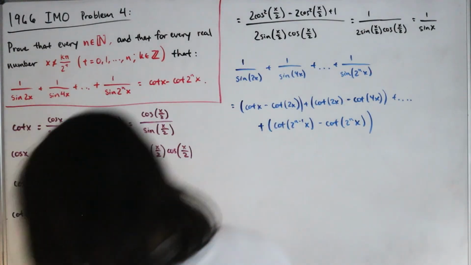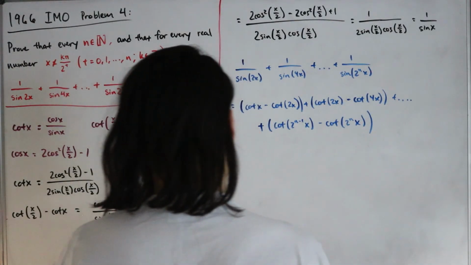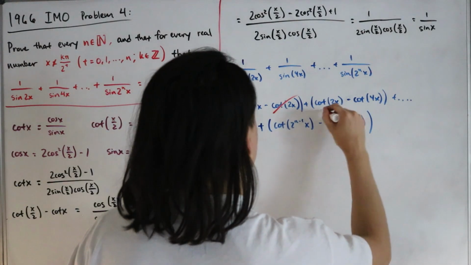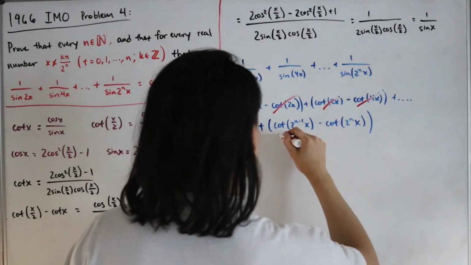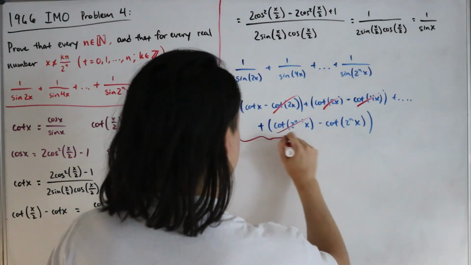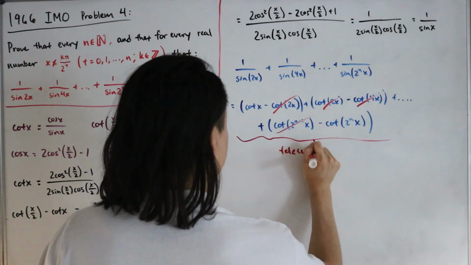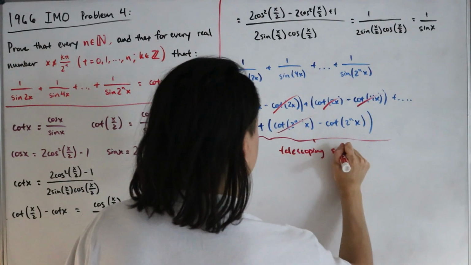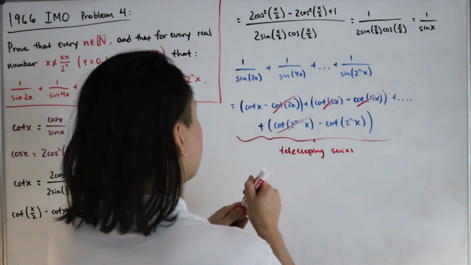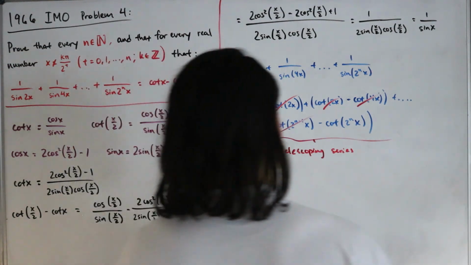Close that off. As you can see, we're going to have some terms that cancel out. So this will cancel, this will cancel, and so on and so forth. With that, we know that indeed this is a telescoping series, meaning that only the first and the last terms remain while everything in between cancels each other out.